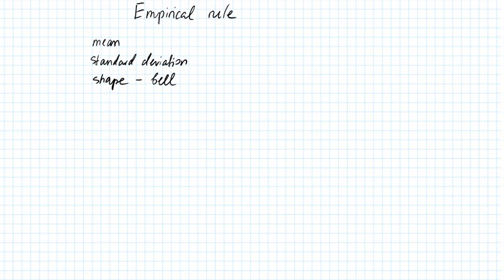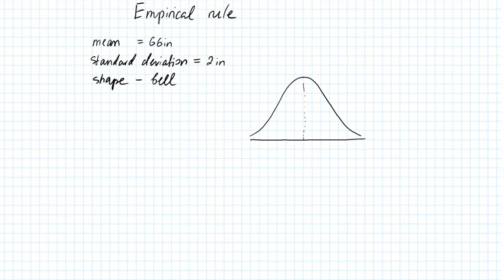So let's say, for the sake of the example, that I have a class of students, and the average height of students in my class is about 66 inches. Standard deviation is about 2 inches. And heights do make up an approximately bell-shaped distribution. What does it mean? That means if I draw a bell-shaped curve, the center of this curve would be my average, which is 66 inches. That's your mean.